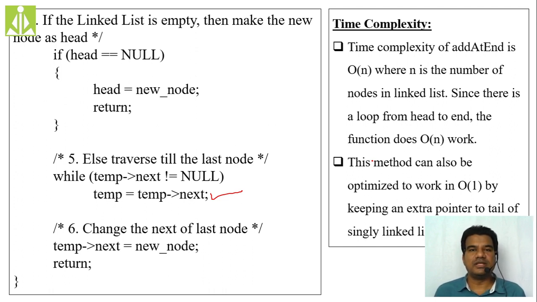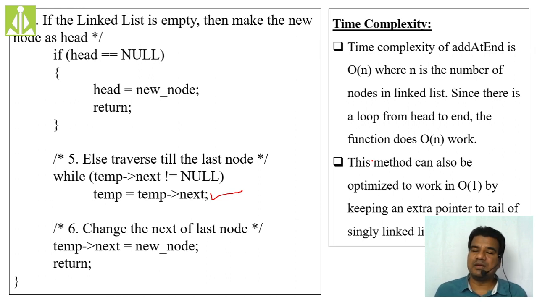When you are calling this add at end function, you don't know how many nodes are there in that linked list, whether it is completely empty, or it has one node, or 10 nodes, or 50 nodes. How many nodes it has, you don't know, isn't it? And moreover, to insert the node at the last position, your loop has to traverse till the end of the linked list, because we have to move the temporary pointer to the last location.